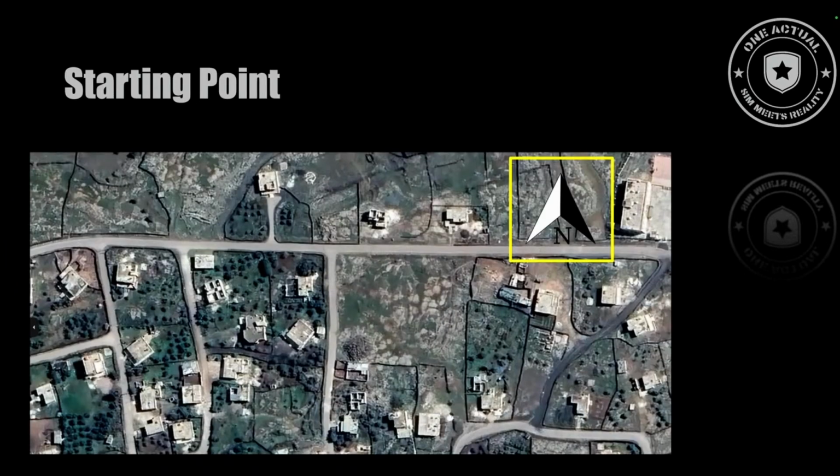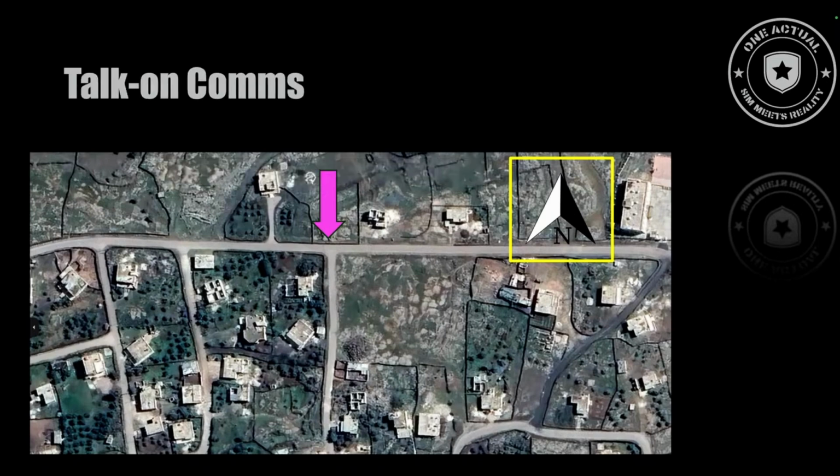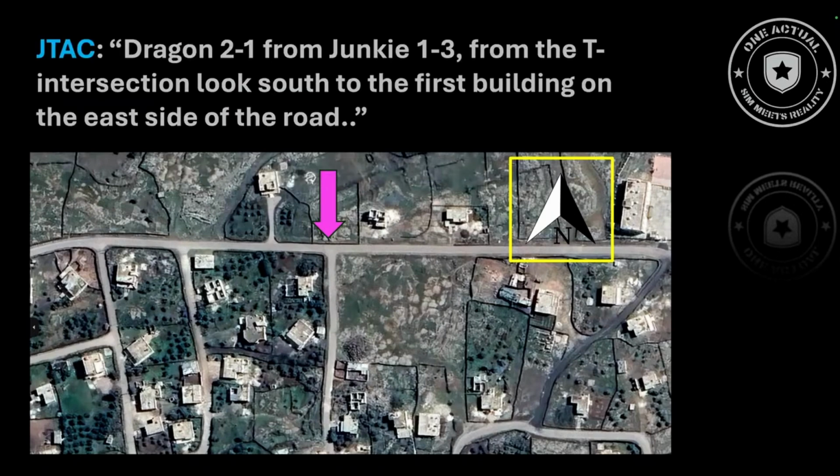So let's put this into the actual map we've been looking at. So again, we got our 6-digit grid with a 100-meter accuracy. We start from here, and Dragon 2-1 asks him to look down south to the building, right? So two directive statements.